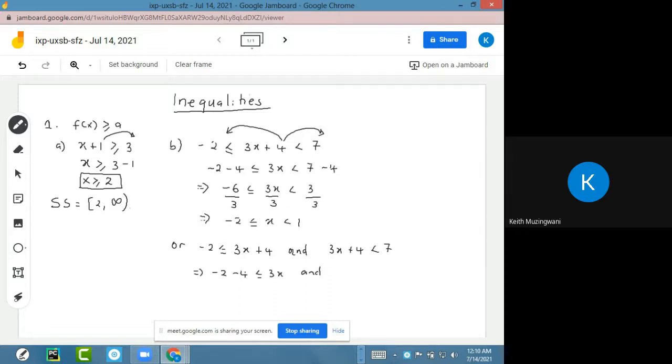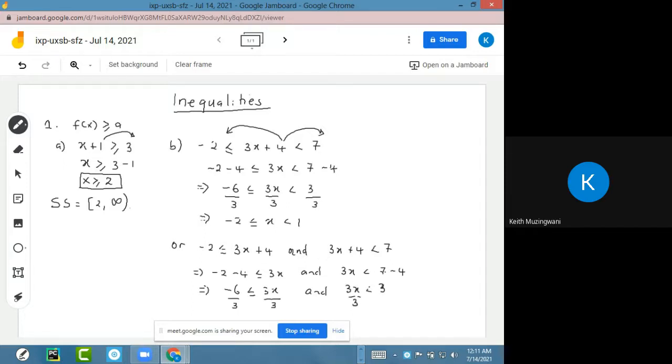At the same time, 3x is less than 7 minus 4. So that here we have negative 6 less or equal to 3x, divided by 3, divided by 3. And 3x less than 3.